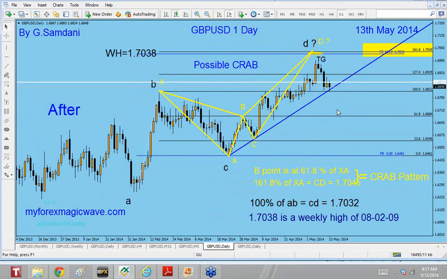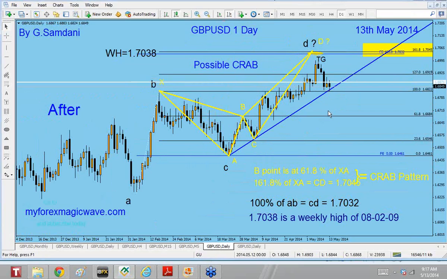The fourth wave is only about 38% of the third wave, which is very shallow, and it is also in three waves, and usually the fourth wave is a complex correction or triangle, that sort of thing. So you really don't want to get caught in that, at least I don't.